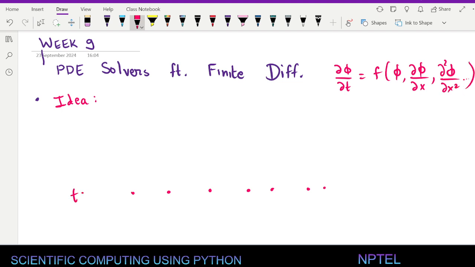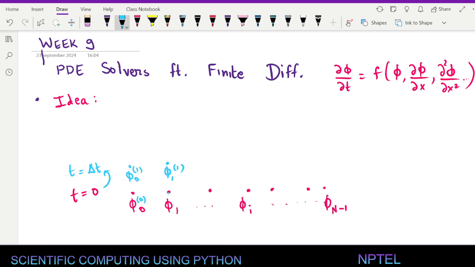So you start at t is equal to 0 and discretize your system from phi 0, phi 1 to phi i, and you have phi n minus 1. And then after some time, so t is equal to delta t, you update it. So you again get phi 0, phi 1, but at the next iteration, right? So if this was the 0th step, this is one step.